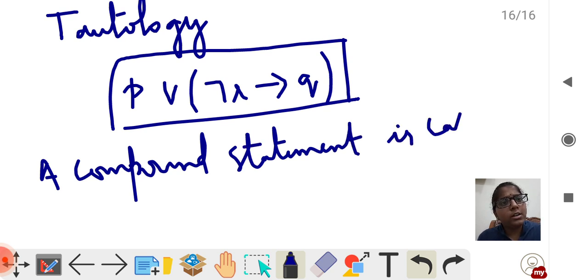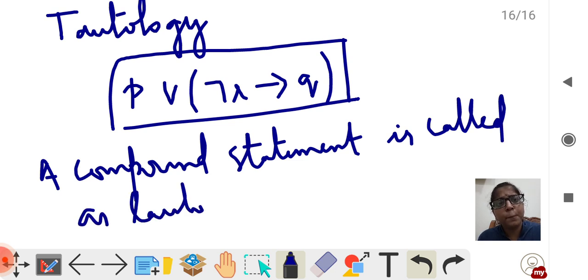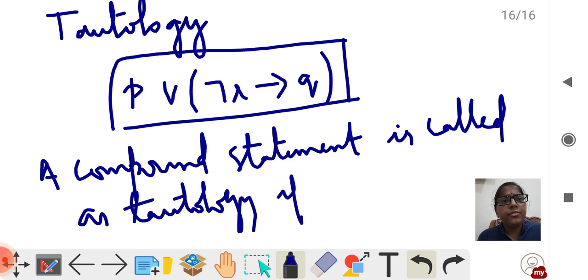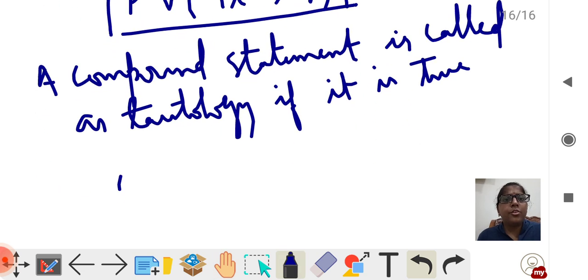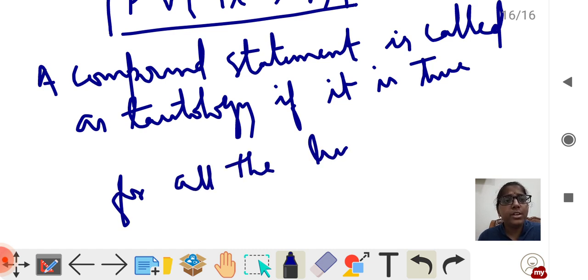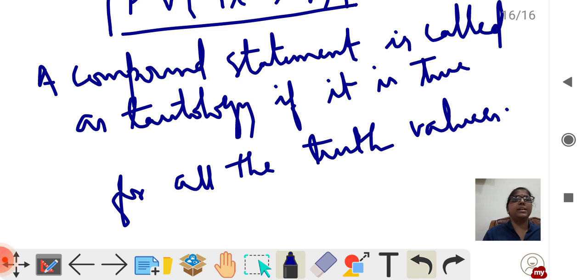If you are having the truth value true for all the values, then you can call the compound statement a tautology. It is represented as T₀ for tautology.